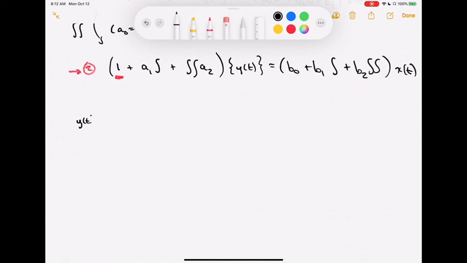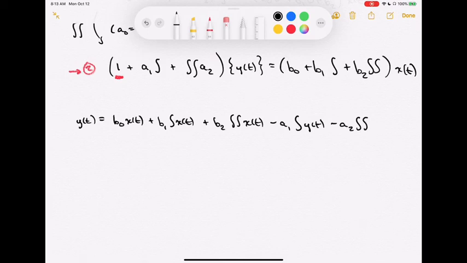So I'm going to get y of t being equal to, I'm going to leave the input terms first, so I'm going to have b0 x of t, and b1 integral x of t, and b2 double integral x of t, and then I had on the left-hand side an a1 integral y, which I'm bringing to the other side, so I'm going to have a minus a1 integral y of t, and there was that double integral a2 y of t, which I can write out as a minus a2 double integral y of t. Okay, so this is the equation I want to realize.